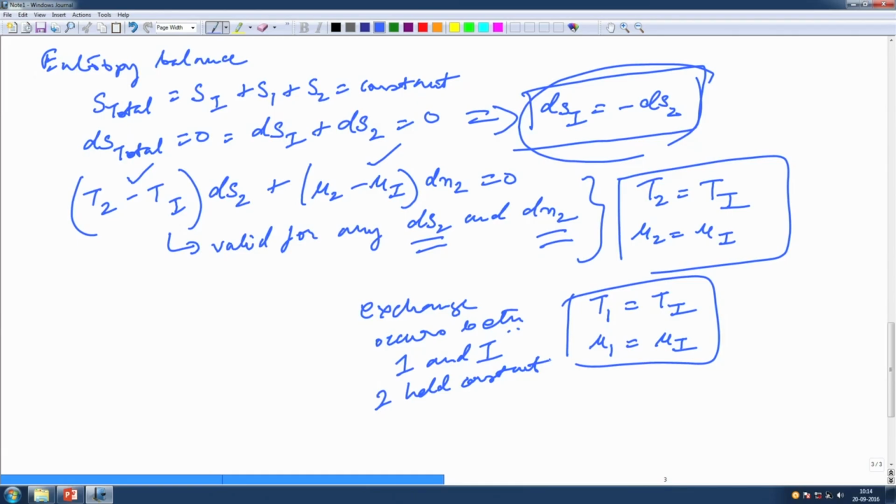So, explicitly, T1 is equal to T2 equal to Ti, and mu 1 is equal to mu 2 equal to mu i.